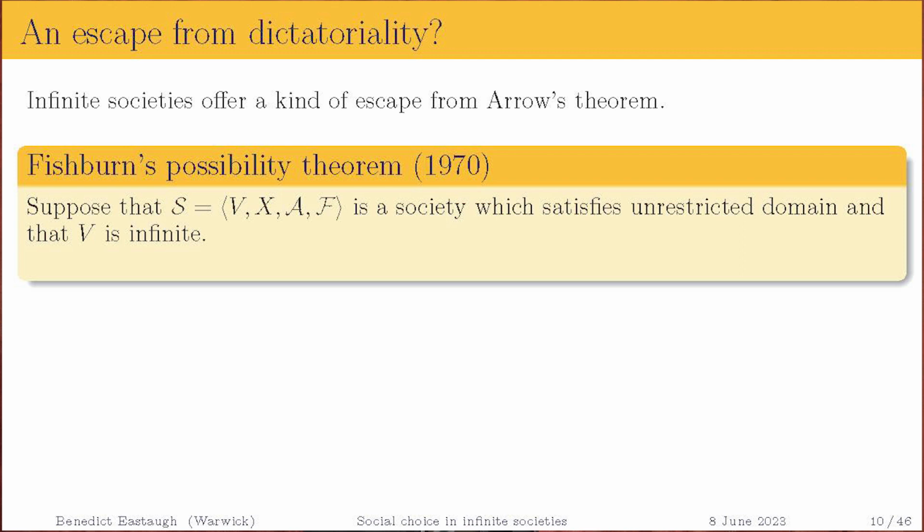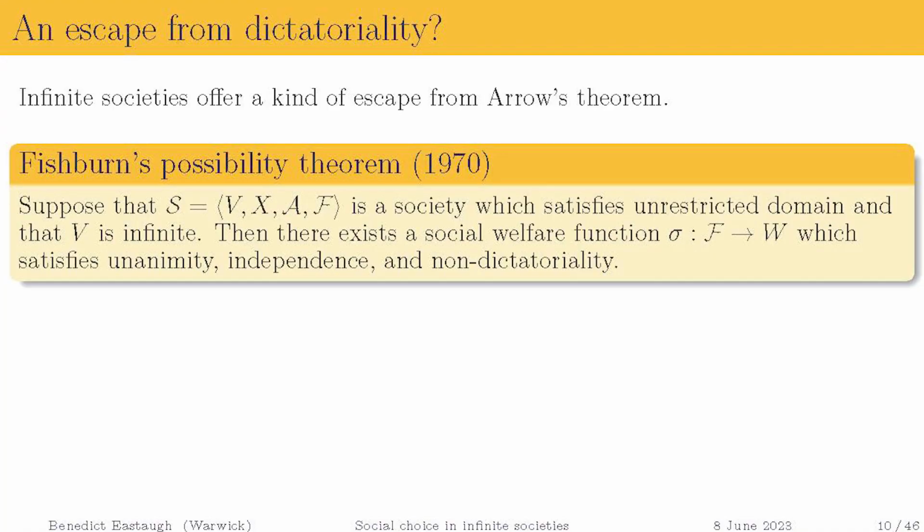He said, well, suppose you've got a society that satisfies unrestricted domain, and suppose you've got infinitely many voters. And you also have 3 or more alternatives. Then there is a social welfare function that satisfies unanimity and independence and non-dictatoriality.